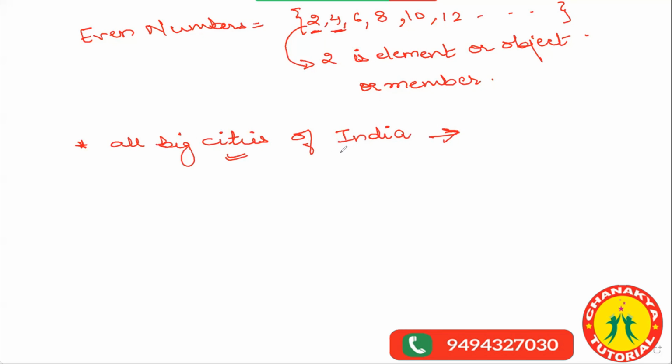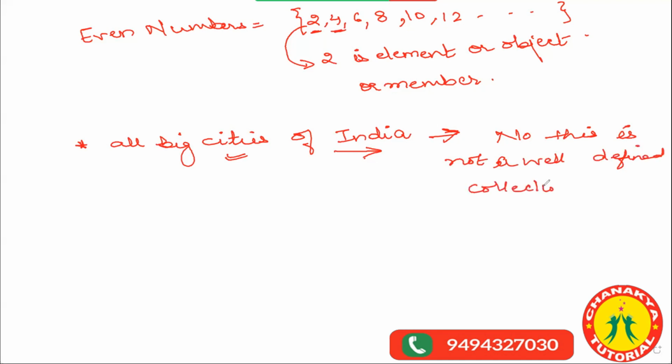No. No, this is not a well-defined collection. Because children, I have not mentioned any particular name of the city. Suppose if I'm writing here Faridabad or any city, you can write Ambala.